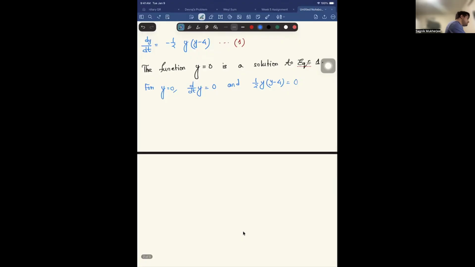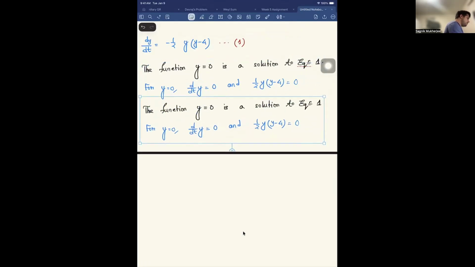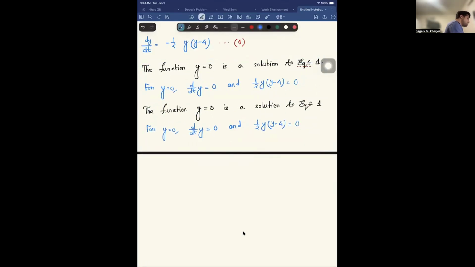Also notice, not just 0, but the function y equals 4 is also a solution to this equation.